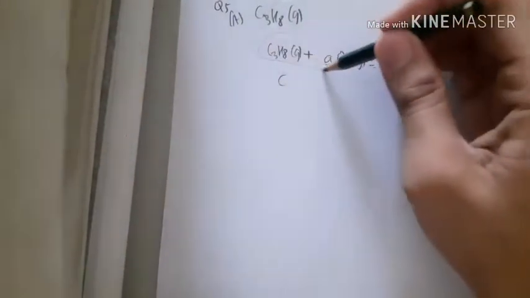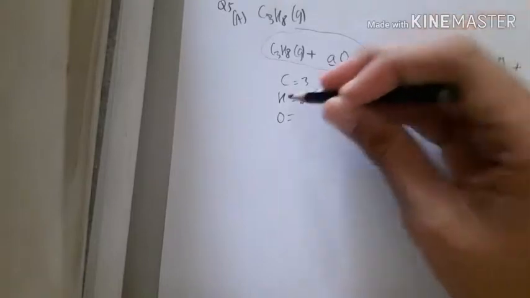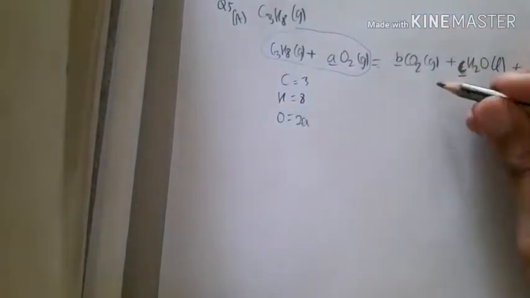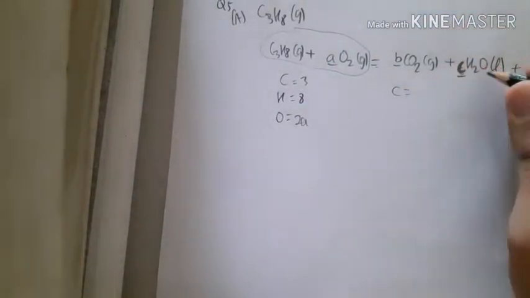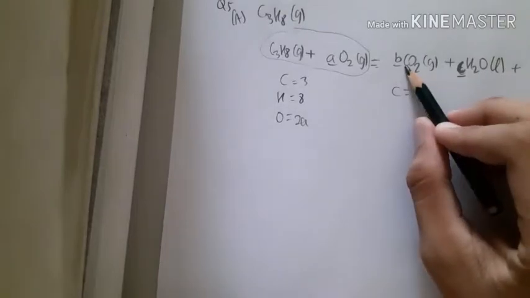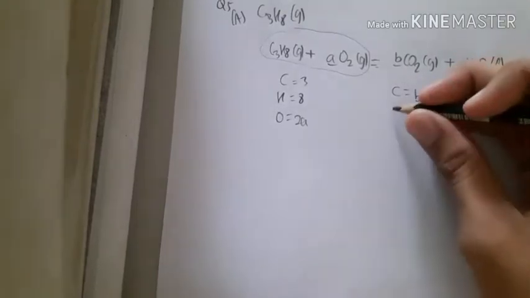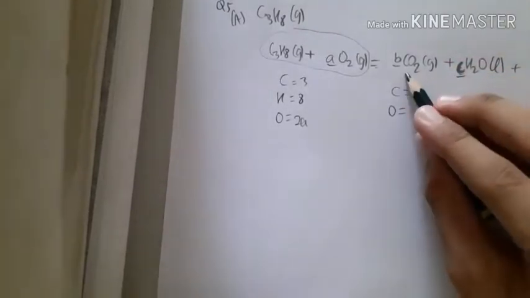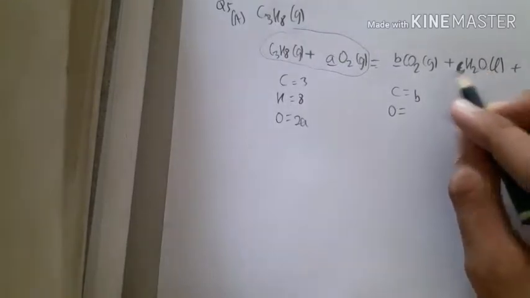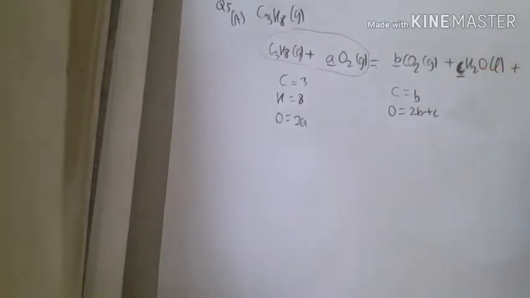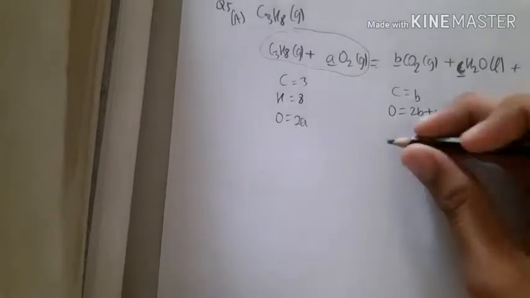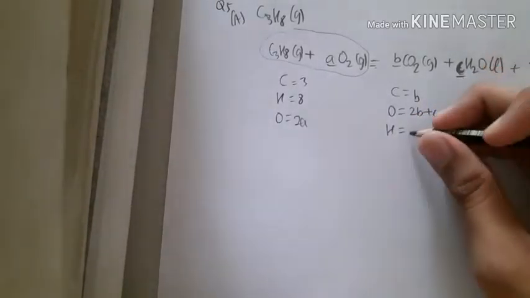C, in this one, the reactant has 3, H has 8, O has 2A. In this one, we have C, B, it's only B. O has 2B plus C, and H has 2C.